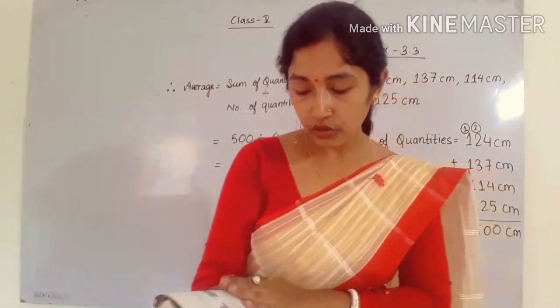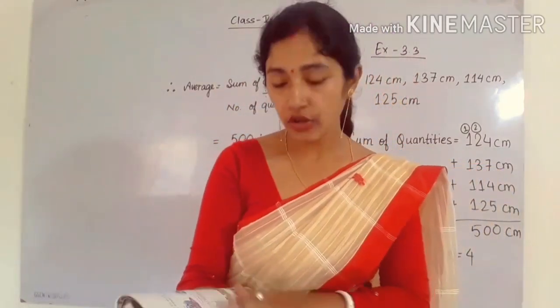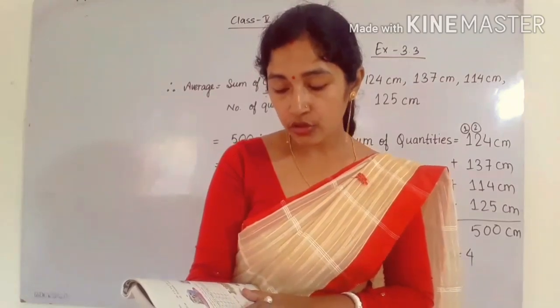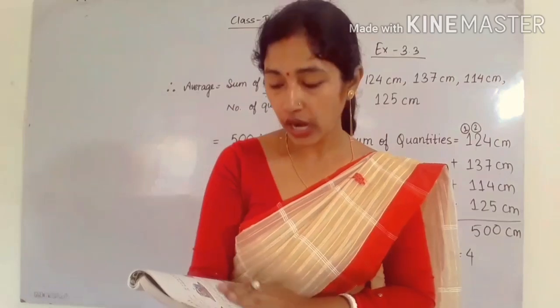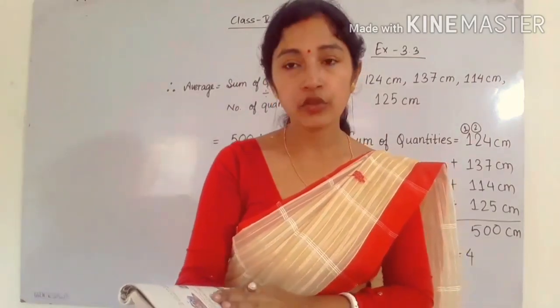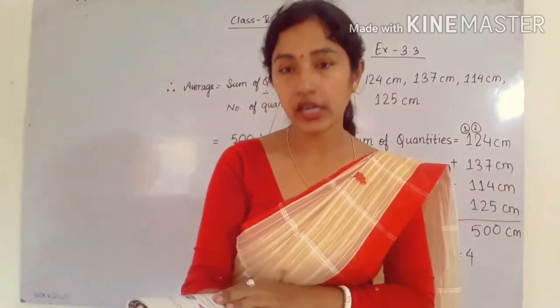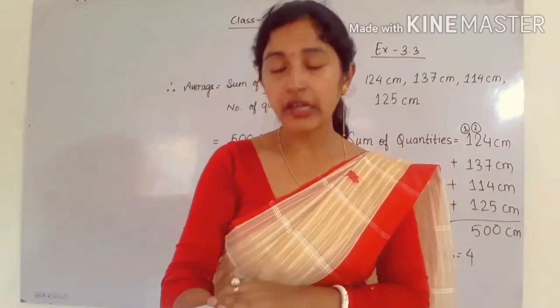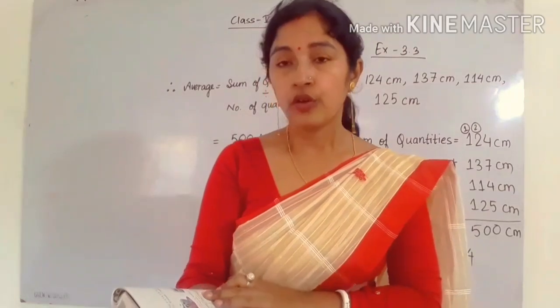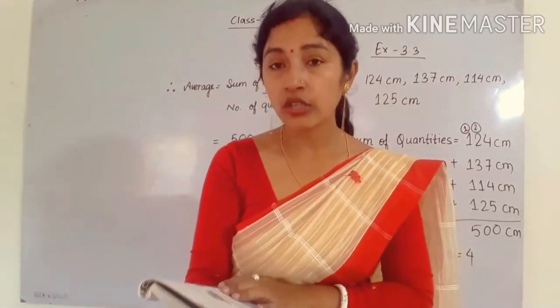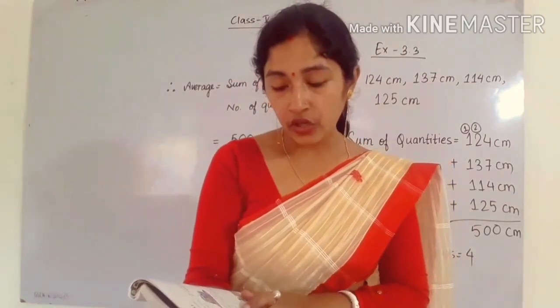So what you have to do? You have to write the total collection. That means you have to add the number of newspapers in the first week, second week, third week and fourth week to get the total collection. Next, for finding the average collection for class 1, you have to divide the total collection by the number of weeks.